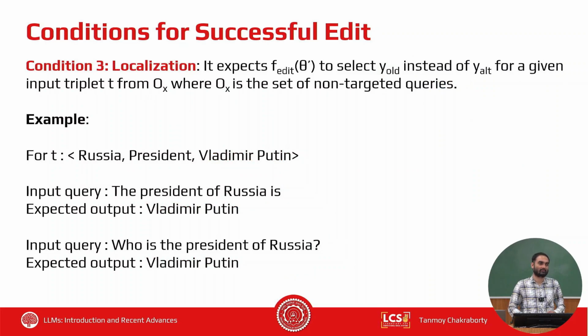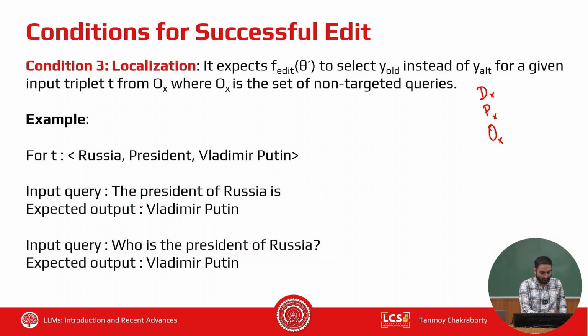The third one is called localization. Localization says that the edit should be localized. It should not propagate across the memory of a model. Meaning that, we discussed what is d x, we discussed what is p x. Now we introduce another term, which is o x. o x is all the non-targeted queries. So you update the model such that for non-targeted queries it will always return the old output. For example, let's say you updated the knowledge of the US president.